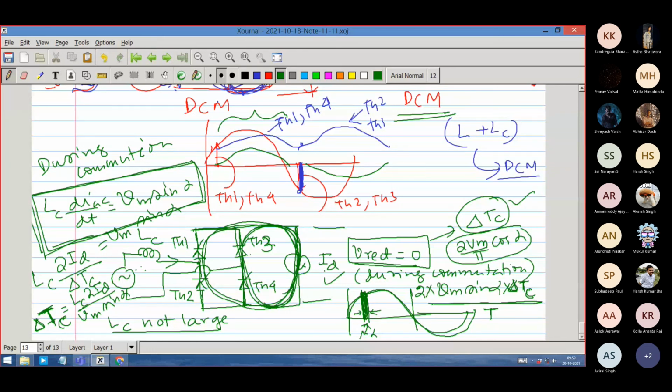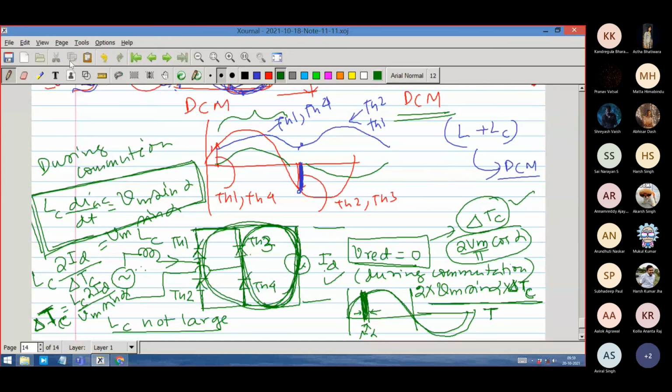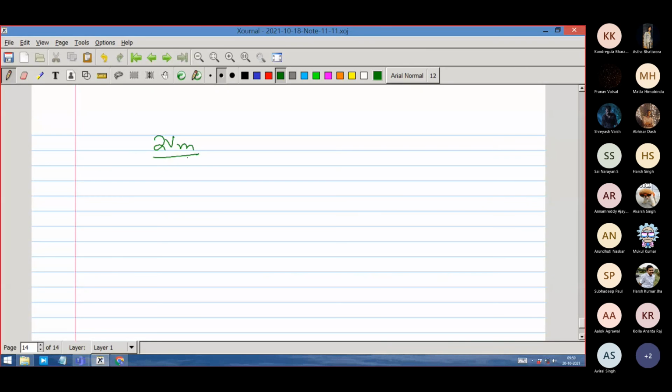So the voltage that you will get now is 2Vm by pi cos alpha minus how much? Vm sin alpha into delta Tc, that is the commutation time, divided by T by 2, sorry, T by 2.